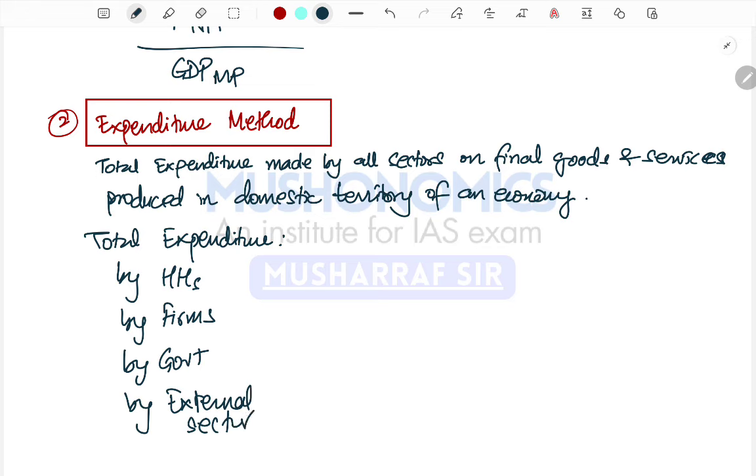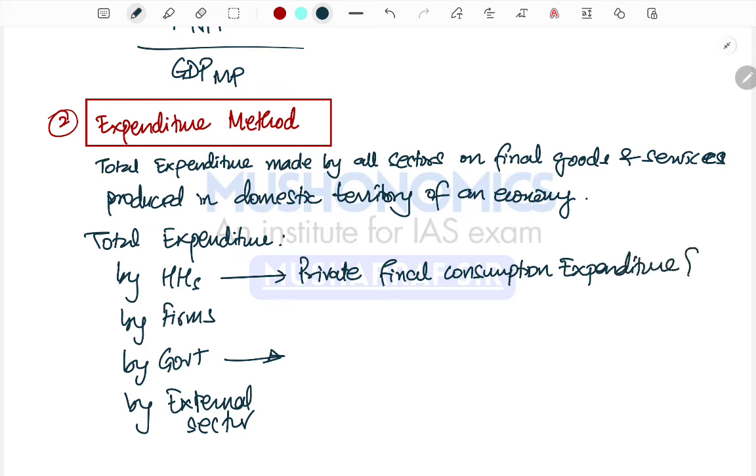Now if we take the total expenditure done by households, this is also known as private final consumption expenditure. Private, because what is done by the government is known as public expenditure. In economics we denote this term as C, consumption expenditure, right?